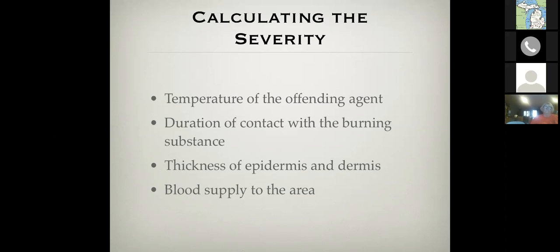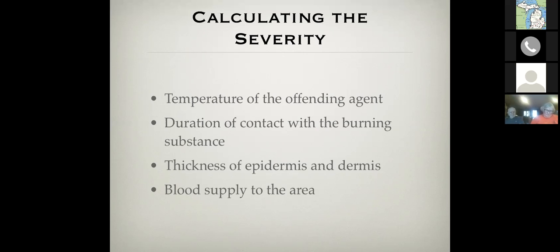And then also the thickness of the epidermis and the dermis. Obviously, we deal with all different walks of life in the pre-hospital setting. We can go from a very muscular individual to a little old lady with very thin skin that, if she has a scratch, could have a skin tear and bleeding.